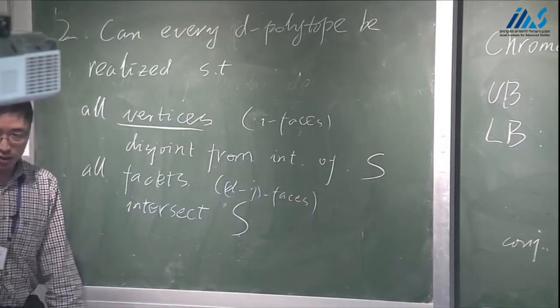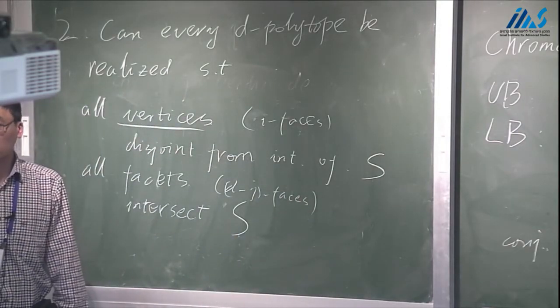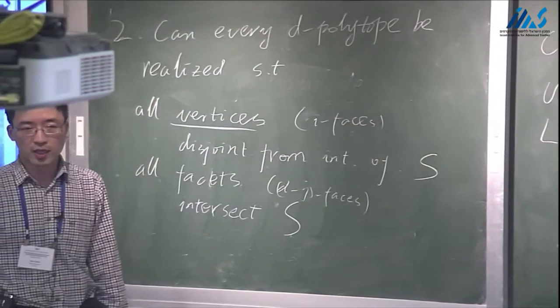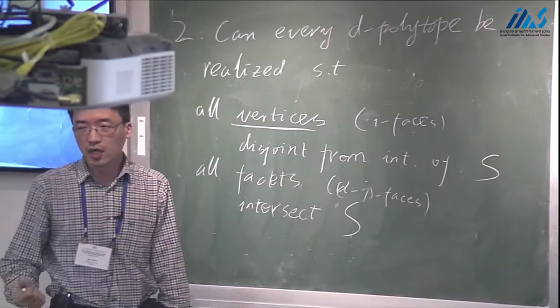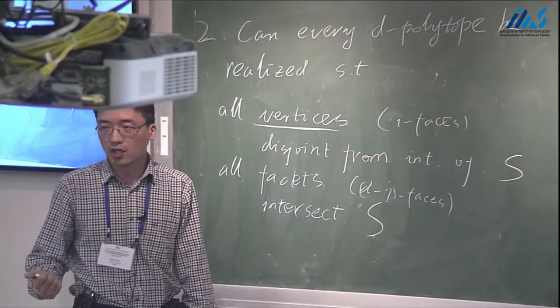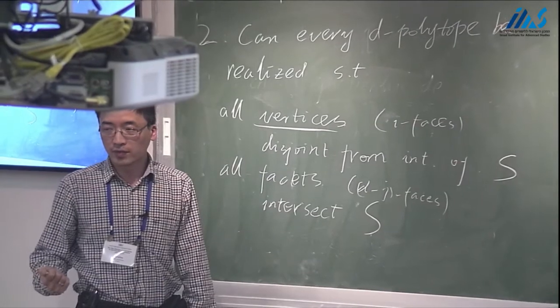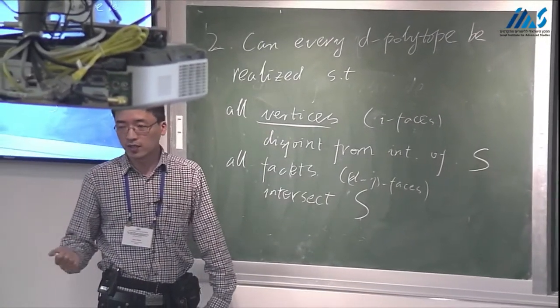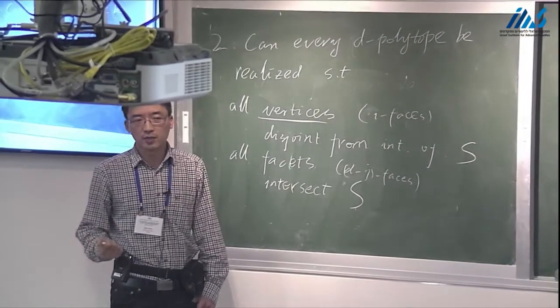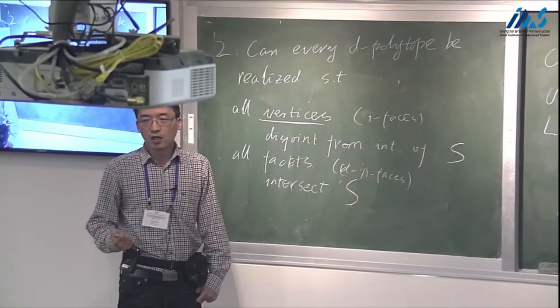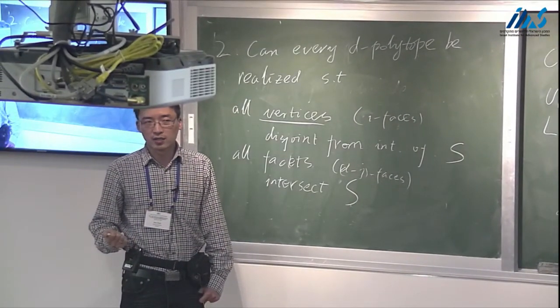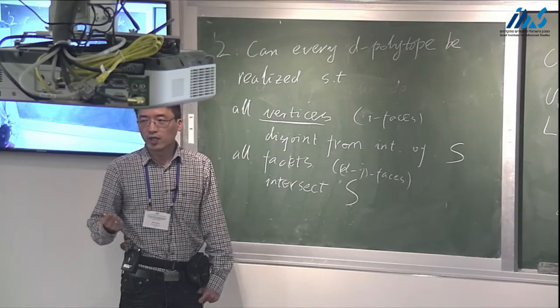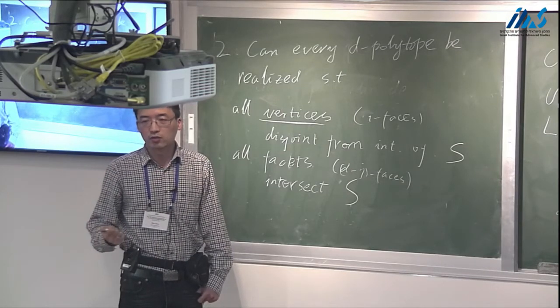So the motivation is a describing problem. We know that a 3-dimensional polytope can be realized such that every 1-face, every edge, is tangent to a sphere. And for any other dimension of the faces, you have some d-dimensional polytope that cannot be realized such that every k-dimensional face is tangent to a sphere.